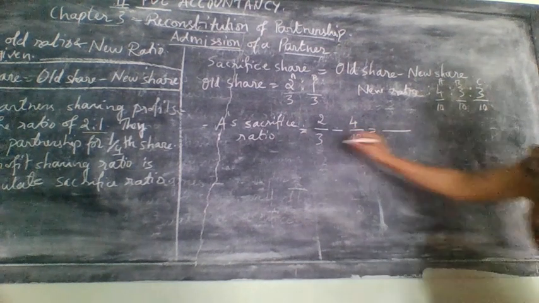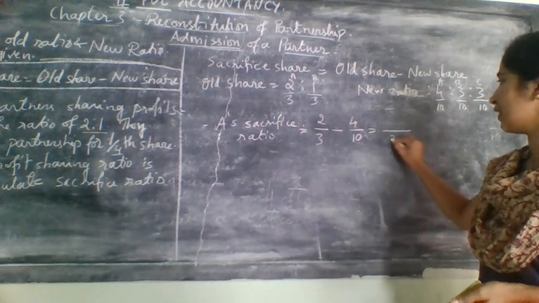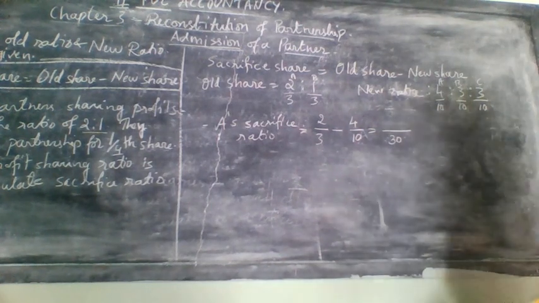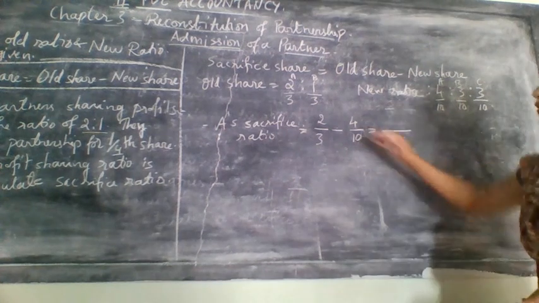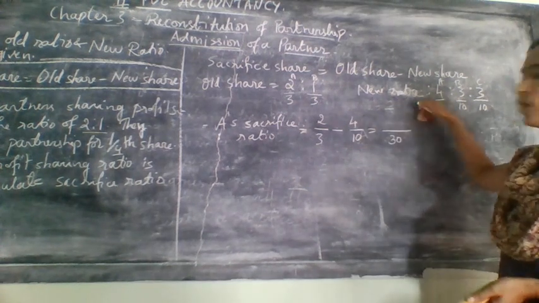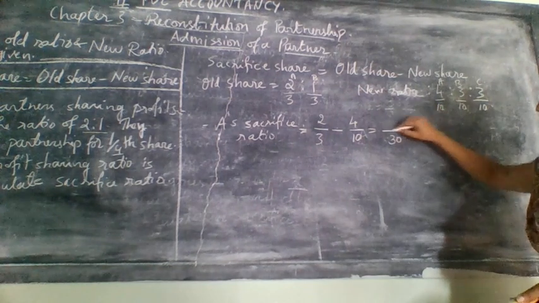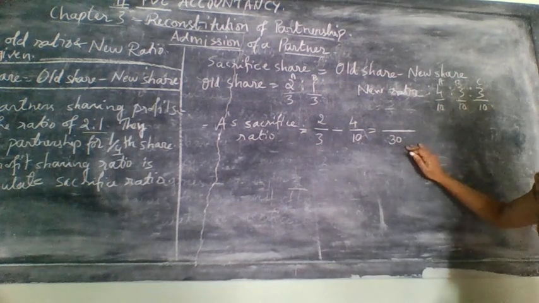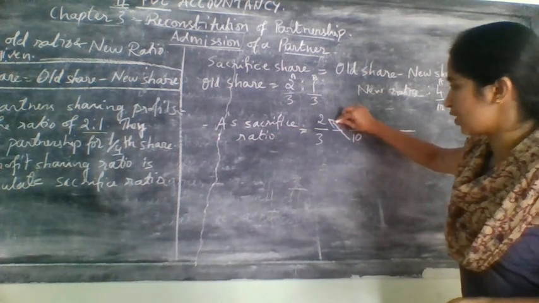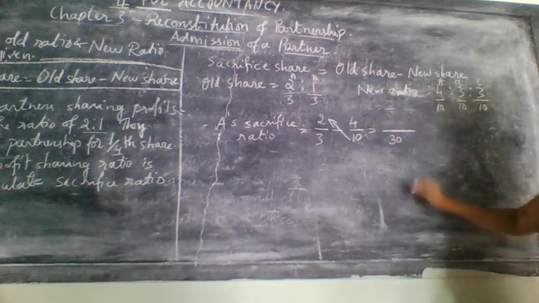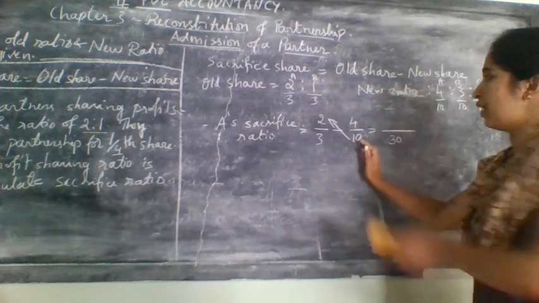So here we can now take 30 as the denominator. After taking this, many of you will get confused about how to write the numerator. At that time, what you can do is just multiply this and write 30 here. Next, do the cross multiplication. That too you need to start from right to left.